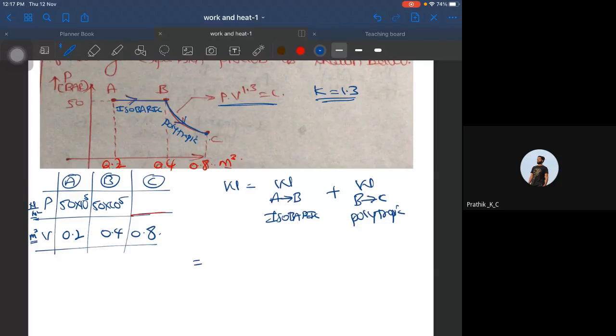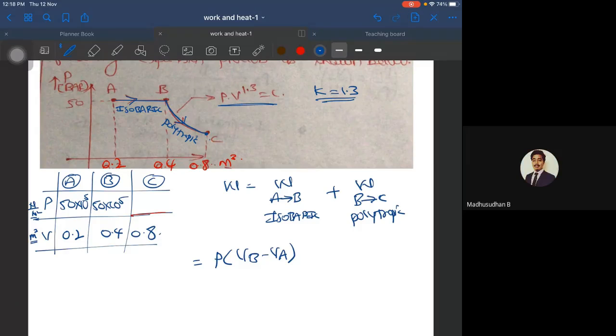P into (V2 minus V1). Then it is P into (VB minus VA) for A to B, just replacing 1 to 2 with A to B. Got it, everyone?